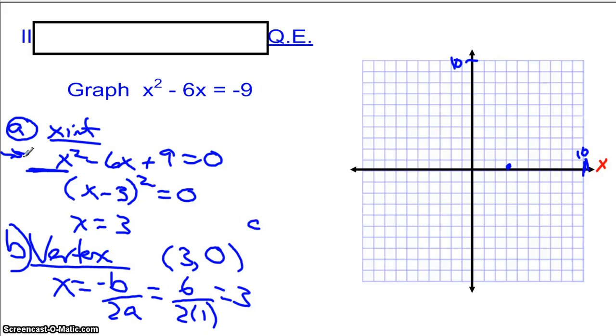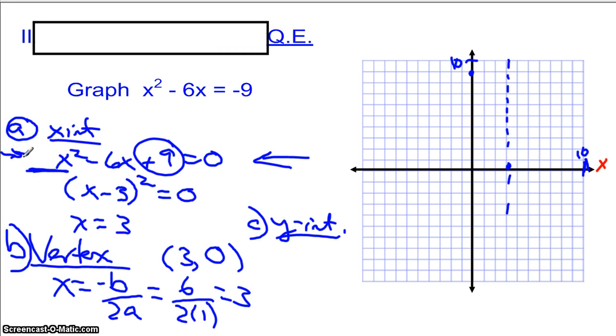And then part C, we're finding our y-intercept. We really only have one point so far. But given our equation, what is the y-intercept, everybody? 9. There it is. So we come over here and we plot 9. And how far is 9 from this axis? 3.